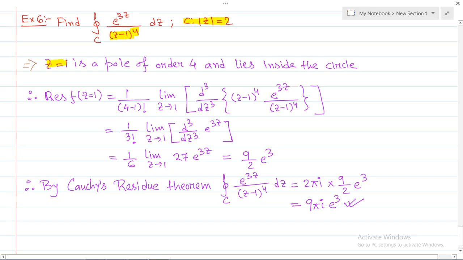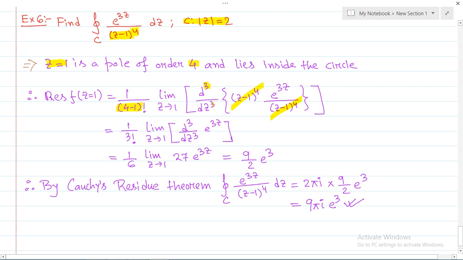Since it is a pole of order 4, we have to apply the second formula for finding the residue. By the second formula it is 1 by (4 minus 1) factorial, that is (m minus 1) factorial, limit z tends to 1, d to the power m minus 1, so it will be d cube by dz cube of (z minus 1) whole to the power 4 into the whole function. So (z minus 1) to the power 4 is going to cancel out.